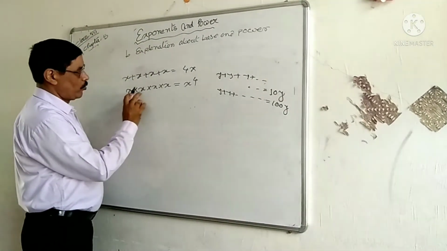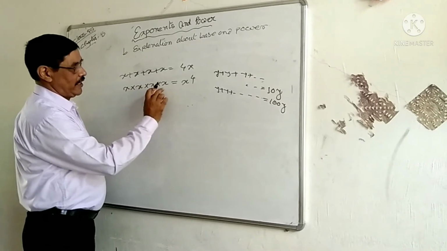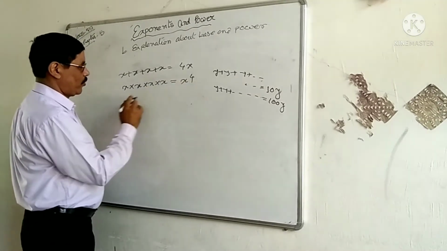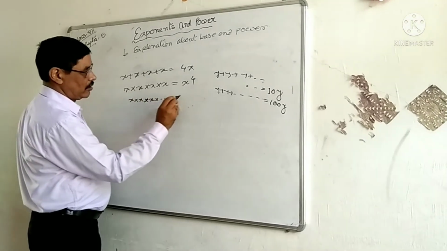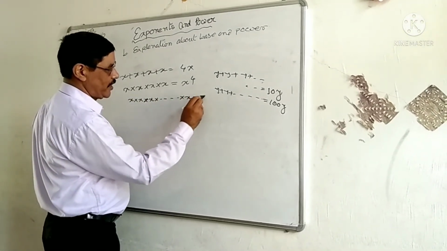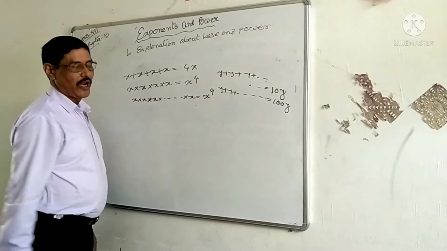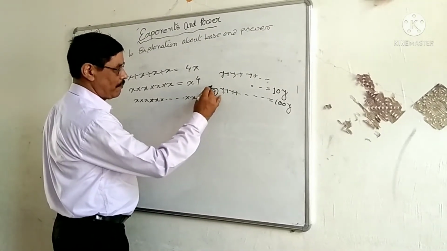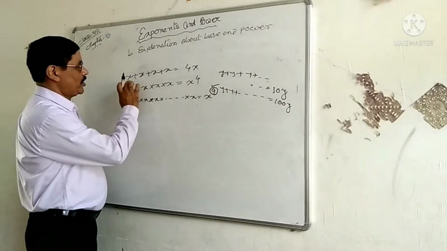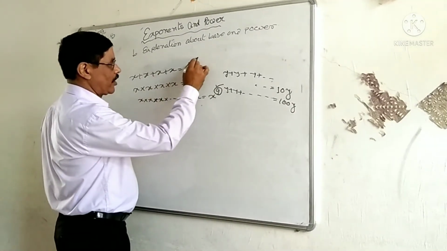Similarly, when x is multiplied 4 times, that is denoted by x to the power 4. If x is multiplied 9 times, that can be written as x to the power 9. So when a similar term is multiplied, their power changes, and when similar terms are added, their coefficient changes.